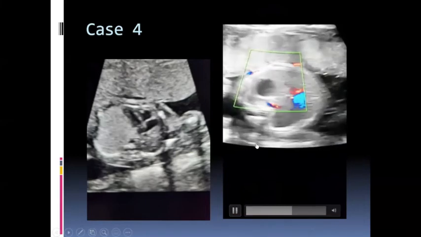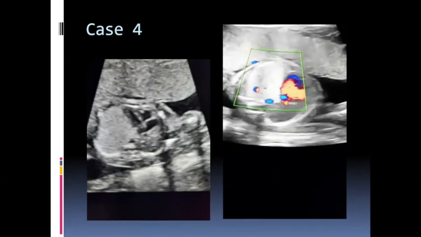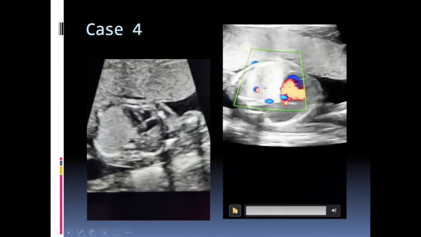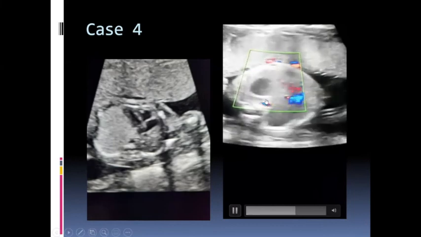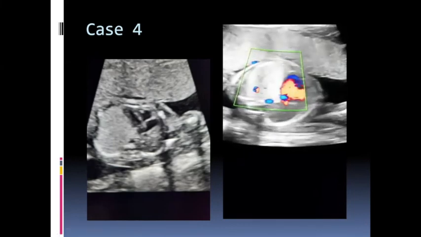Can you name 2 hyperechoic lesions in the fetal lung? Yeah, CPAM and sequestration both can appear hyperechoic, and how we differentiate is you have to look for an abnormal vessel going from the aorta to the lesion, and if the vessel is there, then it's a sequestration.